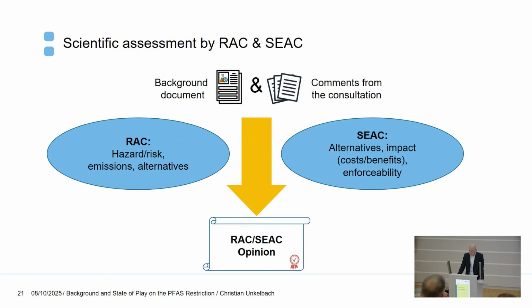So these are our considerations as dossier submitters, but we are not in charge of the scientific assessment of the independent scientific committees of ECHA. Obviously, we only support their work. So our background document and our comments and the comments from the consultation are the basis for the opinion making of the 2 scientific committees of ECHA, with the RAC task to consider the hazard or risk of the identified substance group which should be restricted, the emissions occurring, and the assessment of the alternatives, with the socioeconomic assessment committee having also a look at the alternatives, the cost associated with a transfer to them, the impact of restriction options with regard to cost-benefit analysis, and the enforceability of the restriction options.